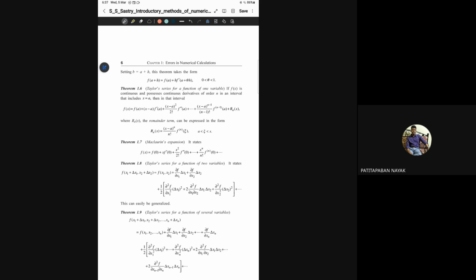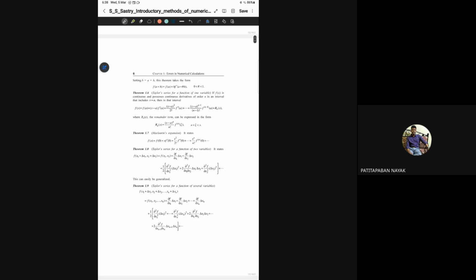It will continue up to the nth term, and the nth term is taken as the remainder term. This is the Taylor series, and if a is equal to 0, then it reduces to the Maclaurin series. This is what we discussed last class.